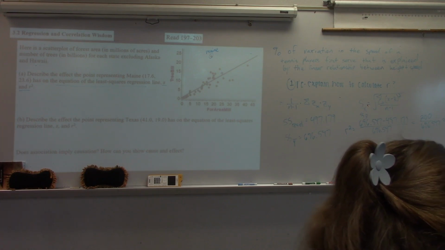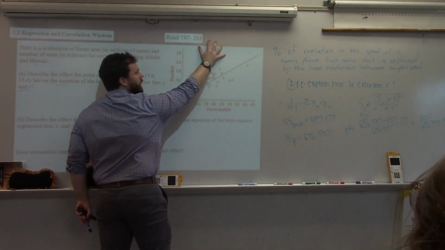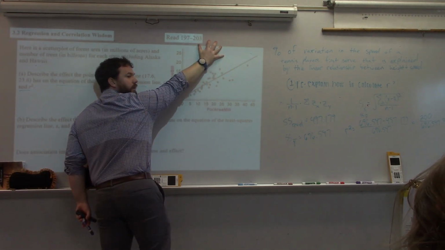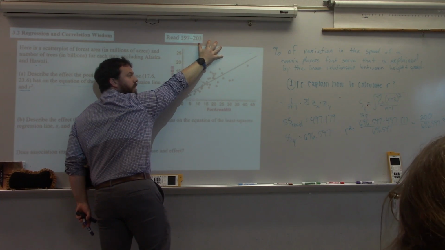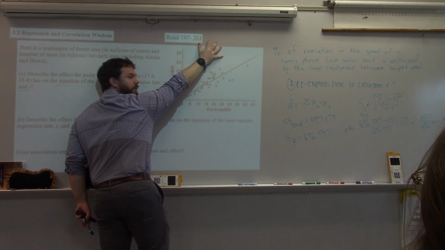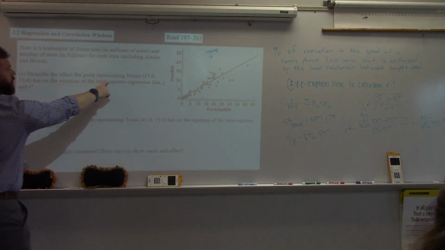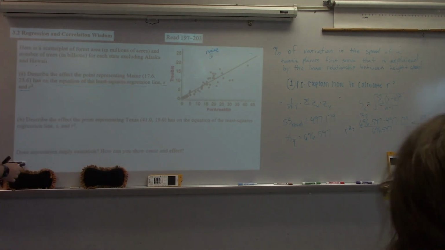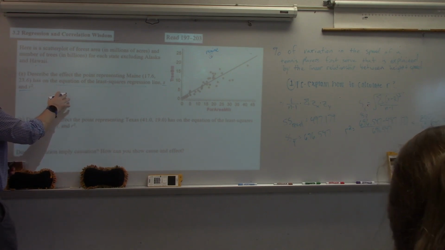Maybe. Possibly. Think about it. If I take away this point right here, do you think it's going to change that line very much? I guess not. Doesn't that line look like it would go about the same space? So, is it going to affect the least squares regression line? Not much, right? So, not much of an effect on the equation.